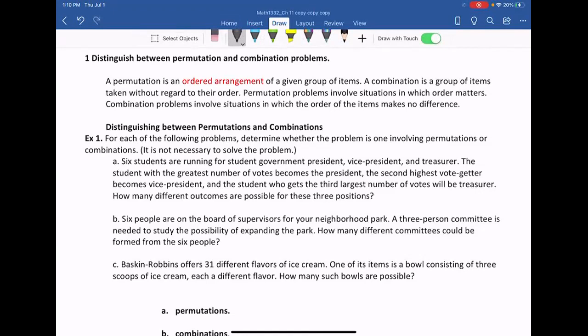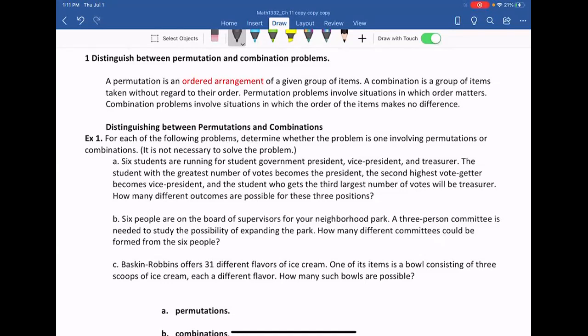First one: 6 students are running for student government president, vice president, and treasurer. The student with the greatest number of votes becomes the president. The second highest becomes vice president, and the student who gets the third largest number of votes will be treasurer. How many different outcomes are possible for these 3 positions?